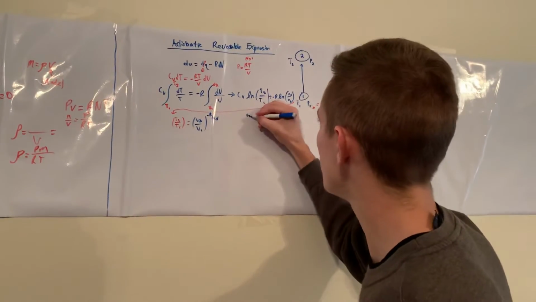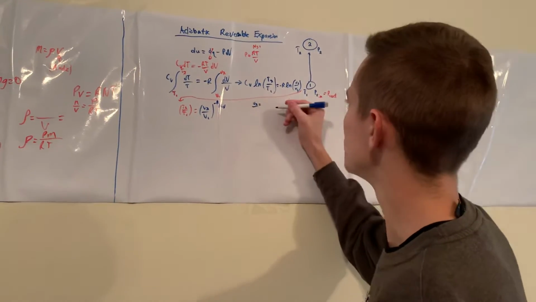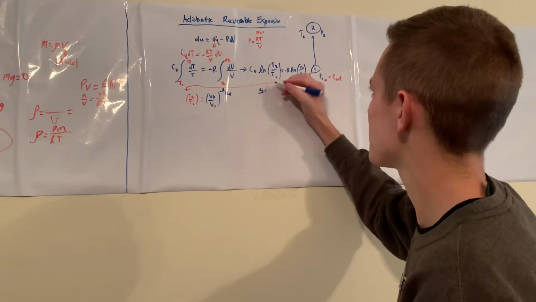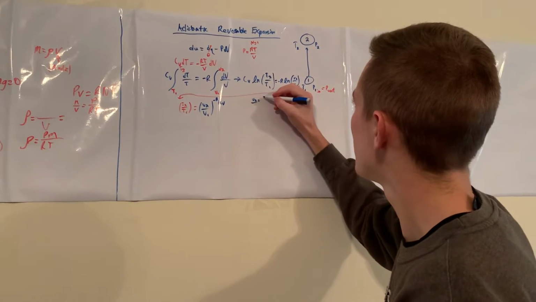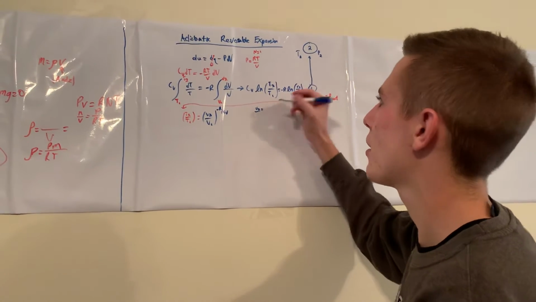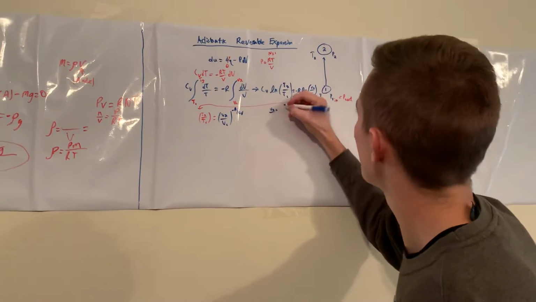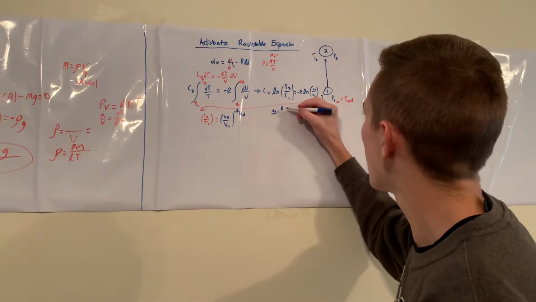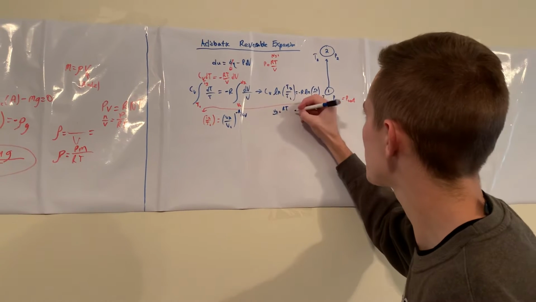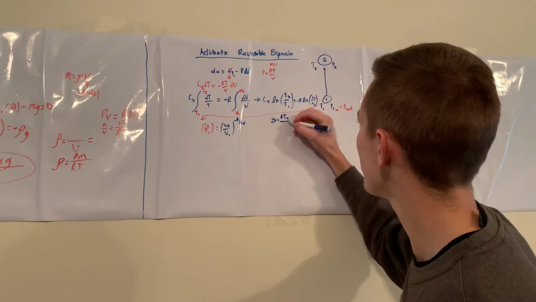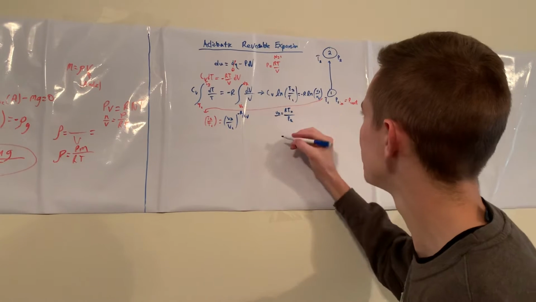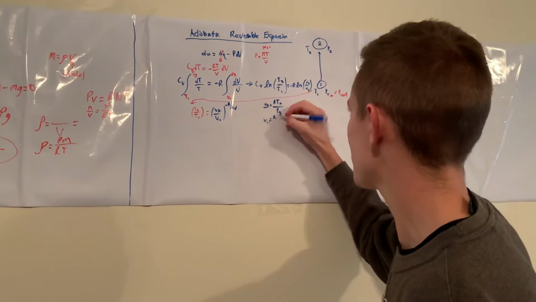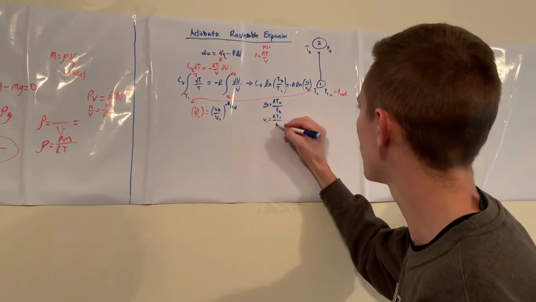So we know our volume 2 is equal to, since we already have an R here taken care of, I'll explain this here. So we have our volume 2 is equal to our gas constant times temperature 2 divided by our pressure 2. And our V1 is equal to our R, gas constant, times temperature 1 over pressure 1.